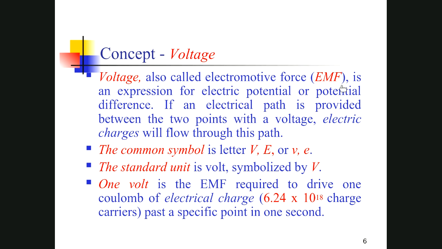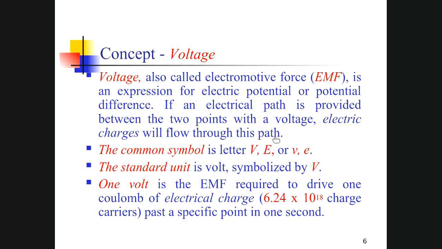It is an expression for the electric potential or potential difference. If an electric path is provided between two points with a voltage, electric charge will flow through this path.